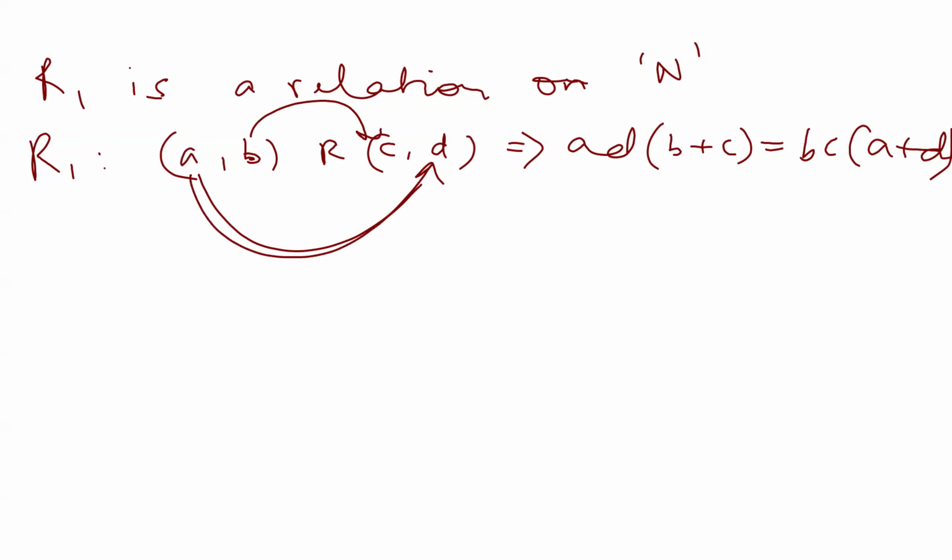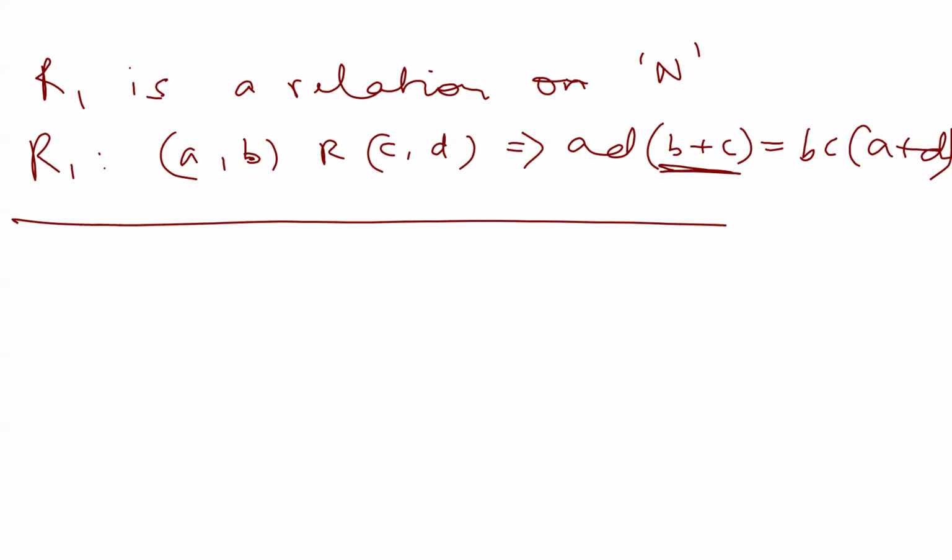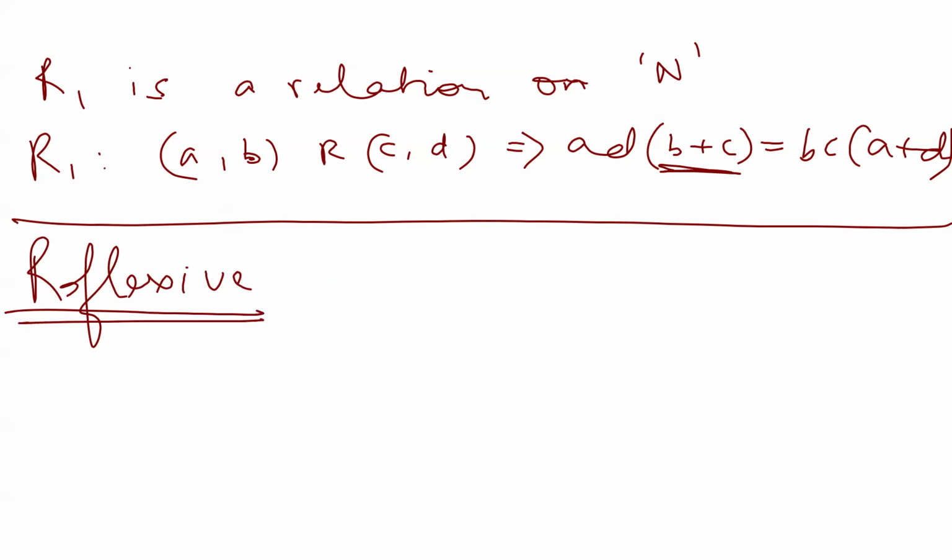First, it is product of the extremes into sum of the means equal to product of the means into sum of the extremes. So reflexive. A comma B, does it relate to itself? That we need to check. This implies what?